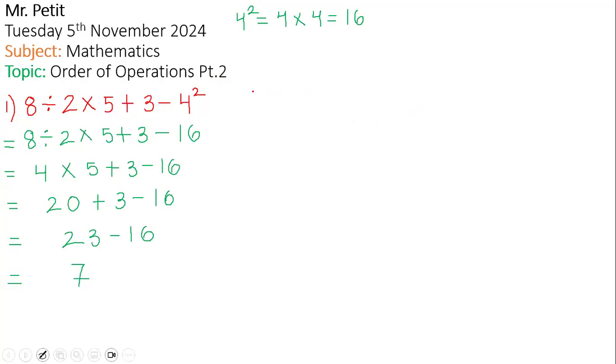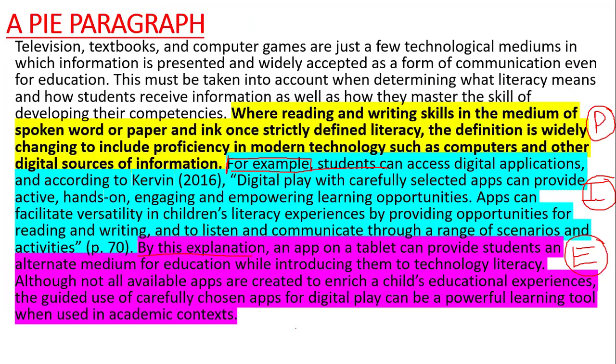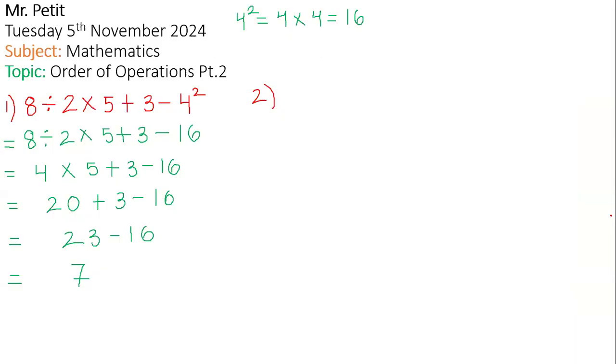Number 2. Let's say that I have... is there anyone who was... let me unmute some people. Okay, good. Sorry. Okay, let's do another one. This one is going to be very similar to the previous one.